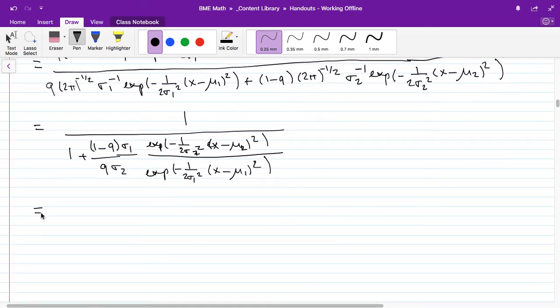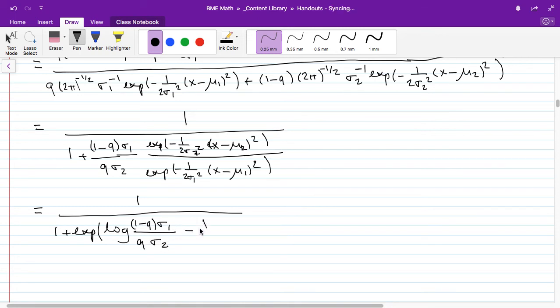All right, we take the ratios on the outside of the exponential, put it inside, and simplify our ratio. I get a 1 plus an exponential, a log of (1 minus q) sigma 1 over q sigma 2, minus 1 over 2 sigma 2 squared (x minus mu 2) squared plus 1 over 2 sigma 1 squared (x minus mu 1) squared.